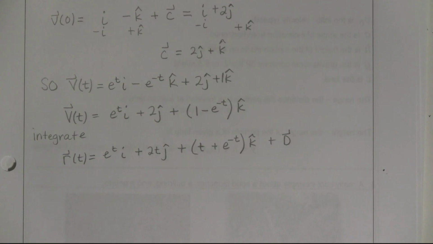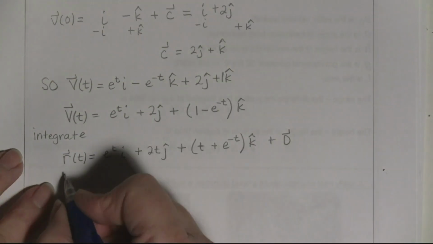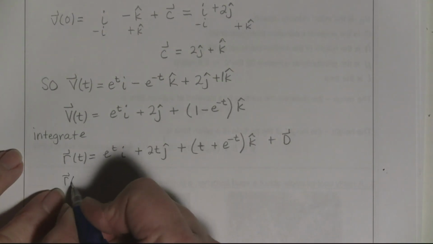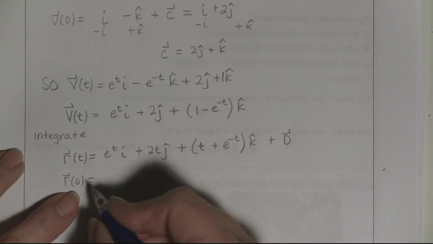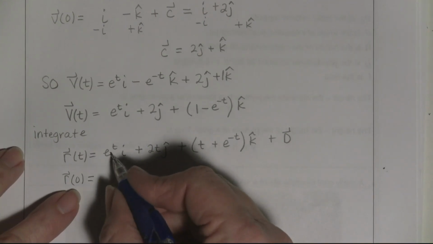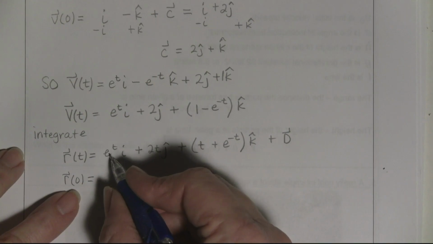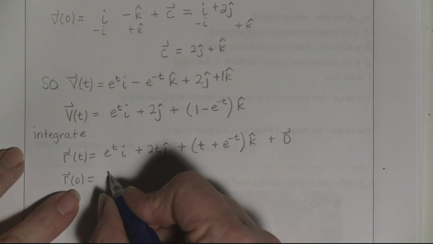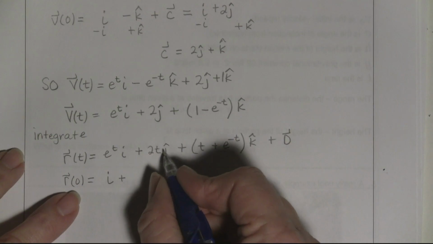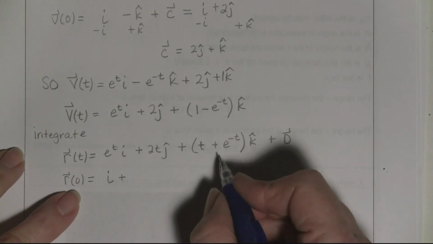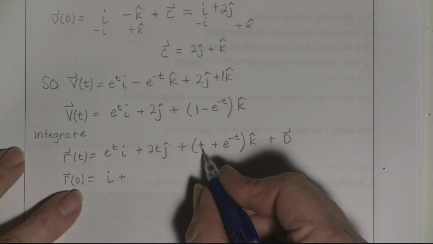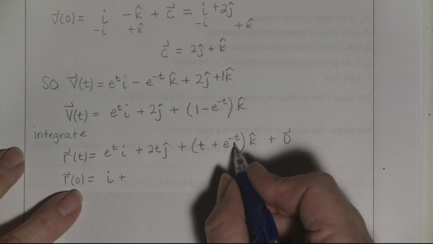Okay. And then we knew from being given r at 0 equals, so now I'm plugging in t is 0 right in here. e to the 0 is 1, so this is i. So this wipes out the j's, so they're gone. 0 wipes out that, but this is 1.